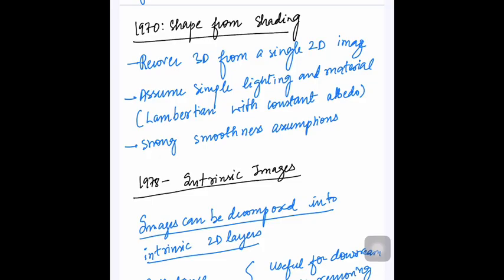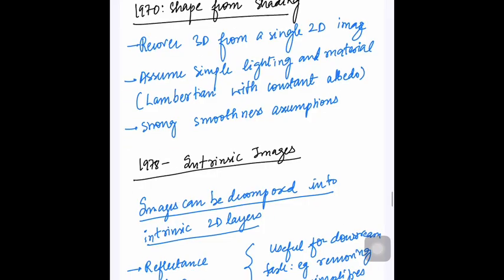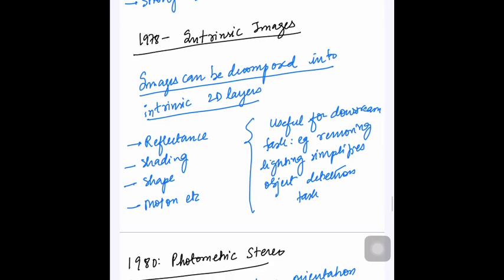Then we came to photometric stereo, where you want to understand the surface orientation from multiple images. It helps you recover 3D from multiple 2D images with varying lighting. Then we have structure from motion, which is also a very famous and interesting field of research in the computer vision community.